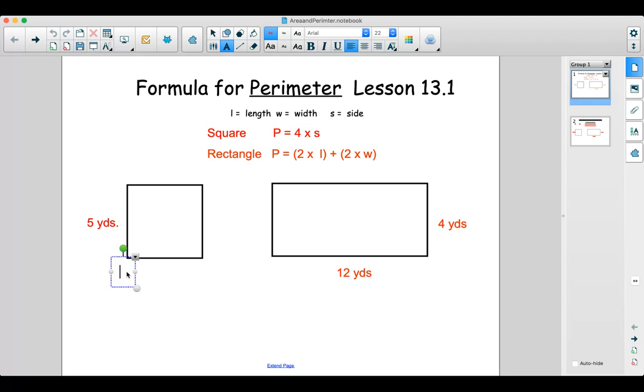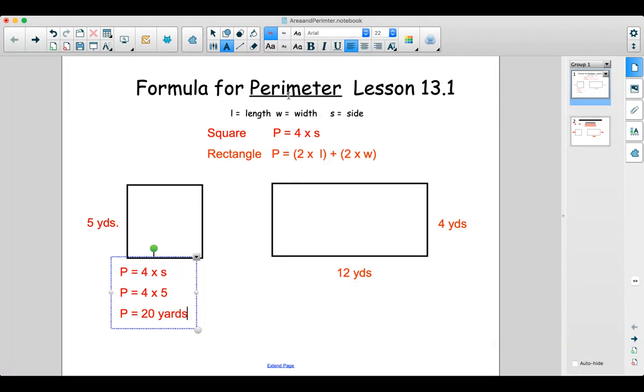So perimeter equals 4 times S. Perimeter equals 4 times, our side is 5 yards, 5. So your perimeter equals 20 yards. 4 times 5 is 20.